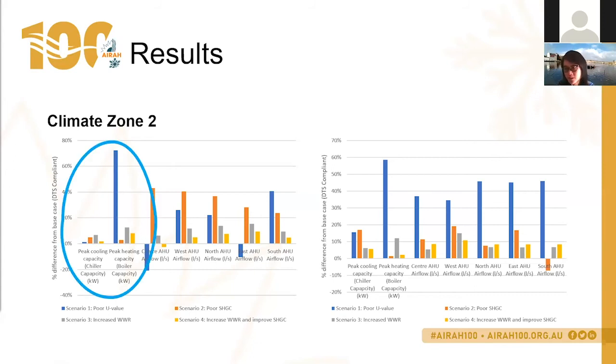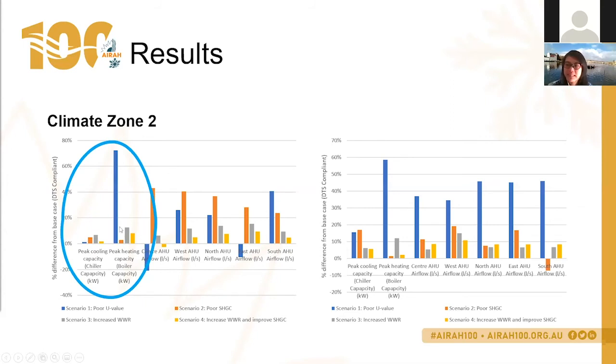So a few items to observe from this. In climate zone 2, which is our Brisbane, we can see that when you reduce your U value of your glazing, going from a double glazed to a single glazed unit, when you reduce your solar heat gain coefficient performance of your glazing, going from a tinted version to a clear version, and when you increase the window to wall ratio of your external wall, all of those cases will increase the peak cooling and heating capacity that is required in the building.